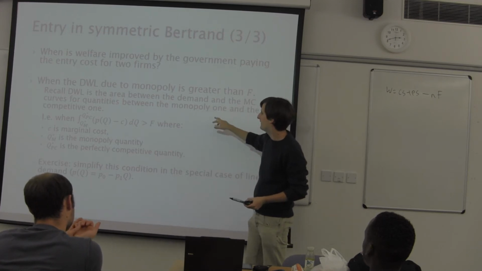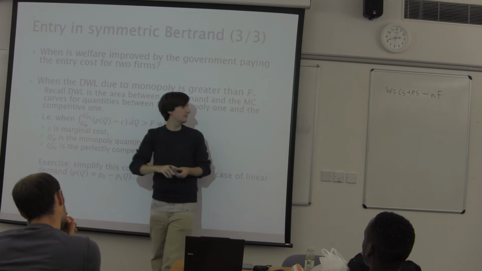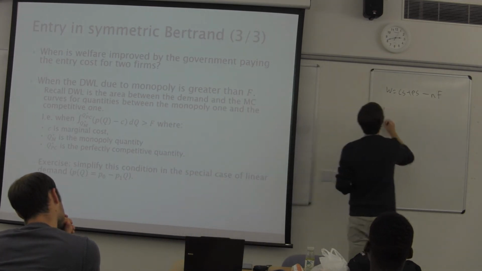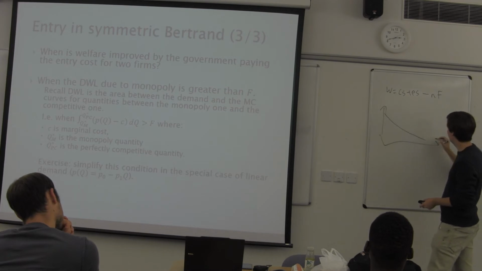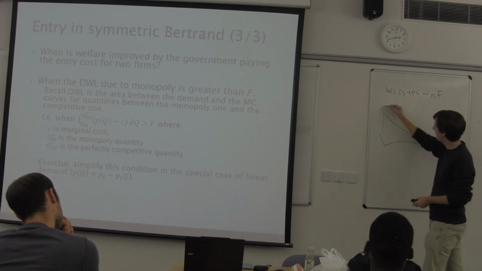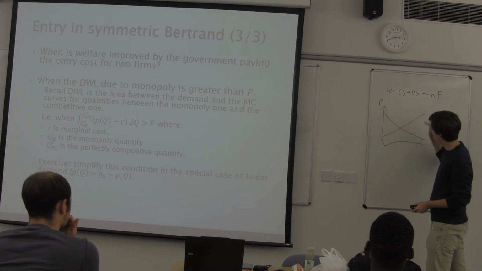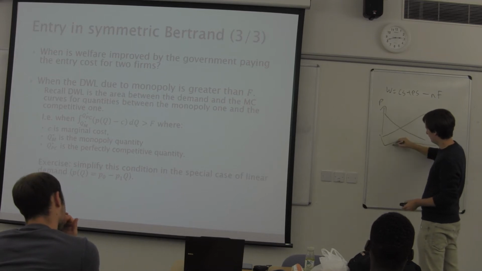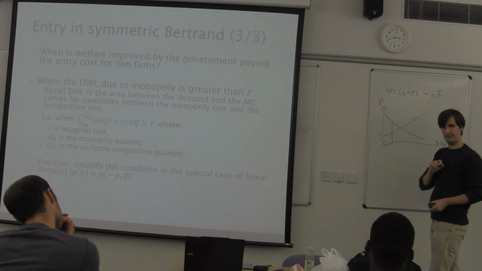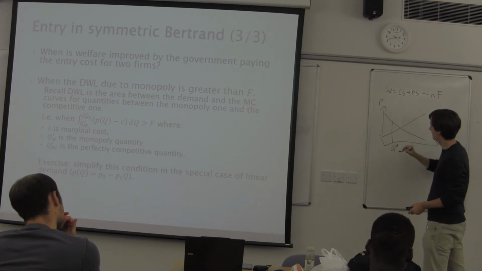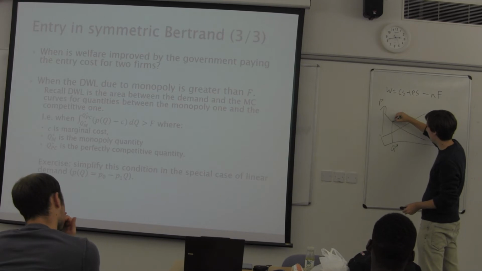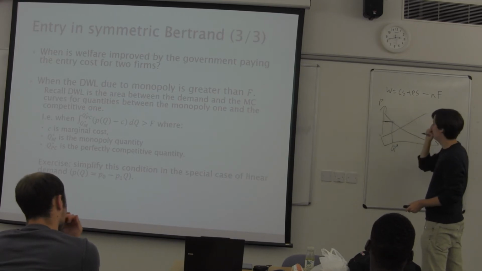We can simplify this a bit. Well, what's deadweight loss? Here's a demand curve. Here's a marginal cost curve. Maybe the monopolist is selling a quantity Q star, and so the price is going to be up here on the demand curve.